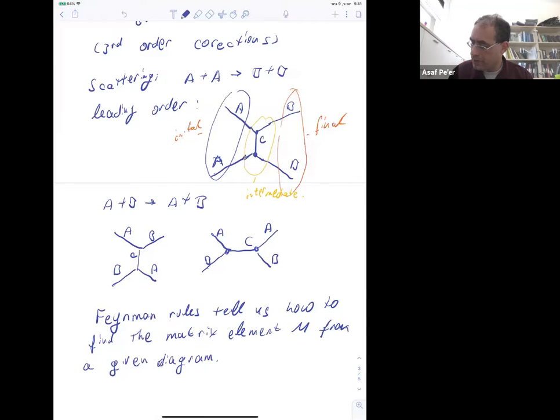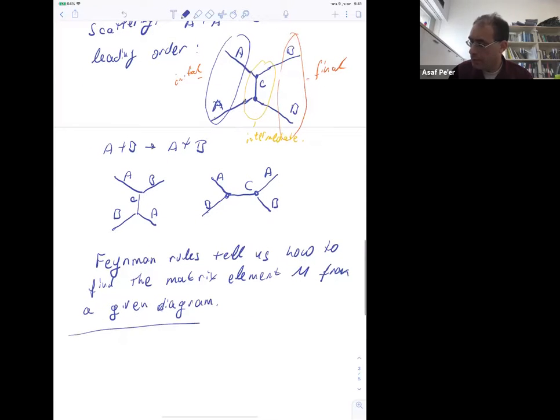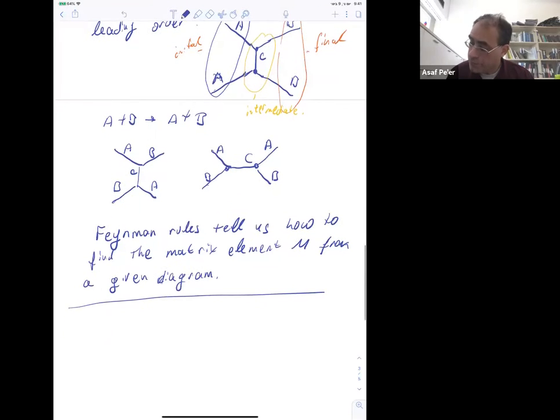Now, the rules are actually quite simple. Let me write them down. The first rule is simply the notation.